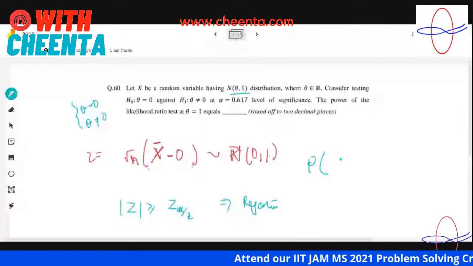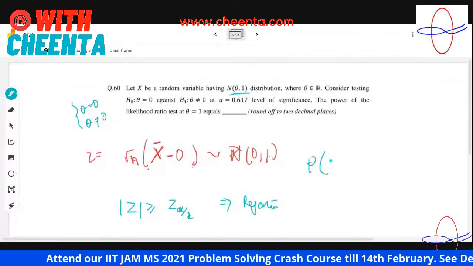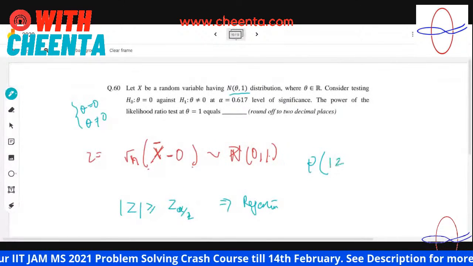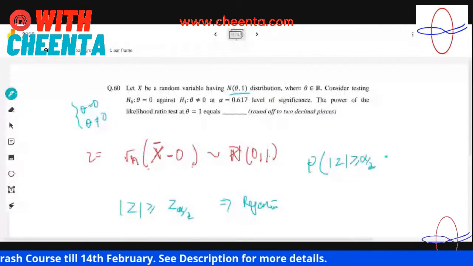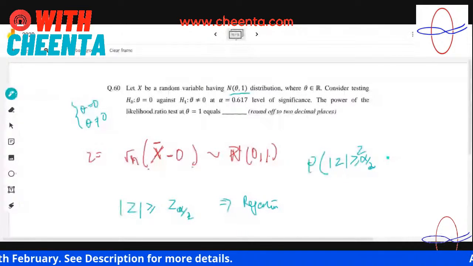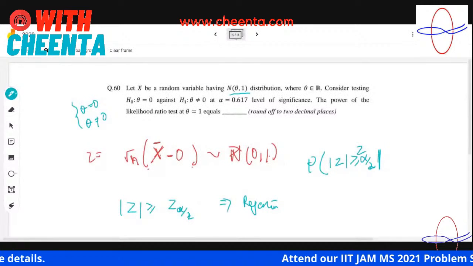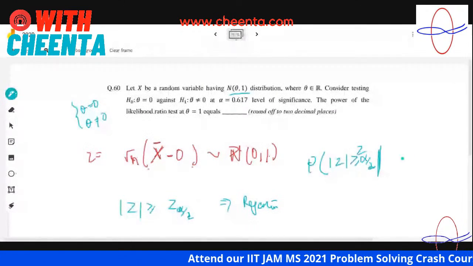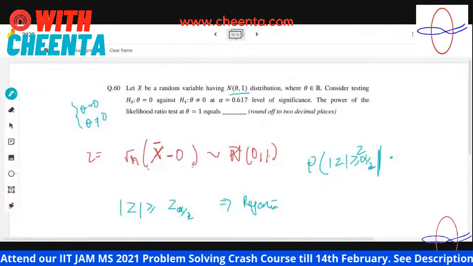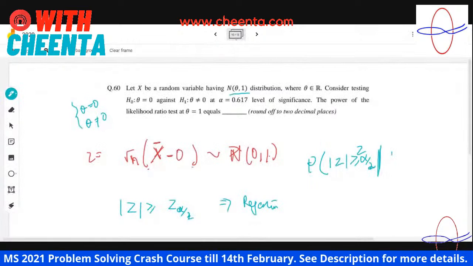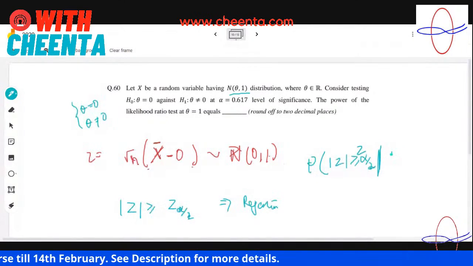Therefore probability we accept h1 given h1 is true, that is mod Z greater than or equal to Z alpha by 2, given theta is not equal to 0.